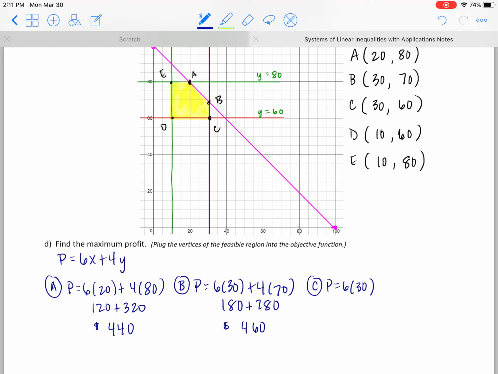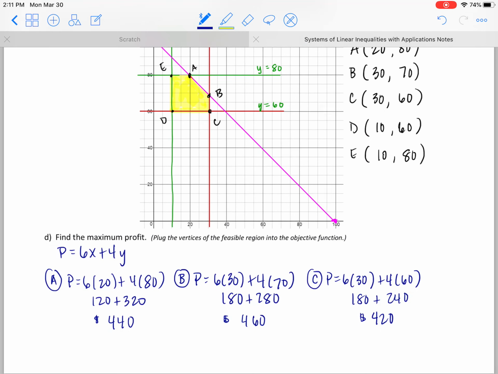C, profit would be 6 times 30. Now, I probably wouldn't plug this one in. We have the same number of large cases, but 10 fewer small. It's clearly going to be less money, but just so you can see, this is 180 and 240, which makes $420.